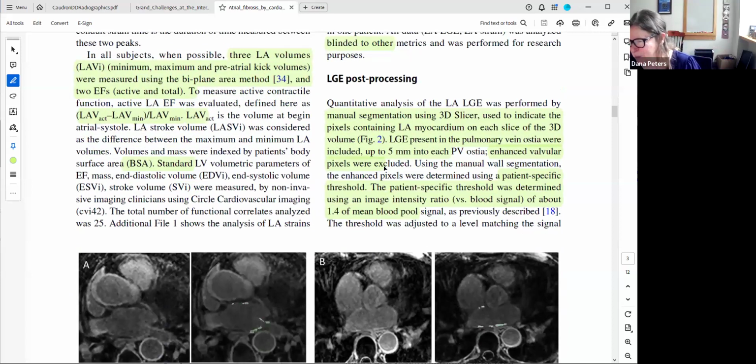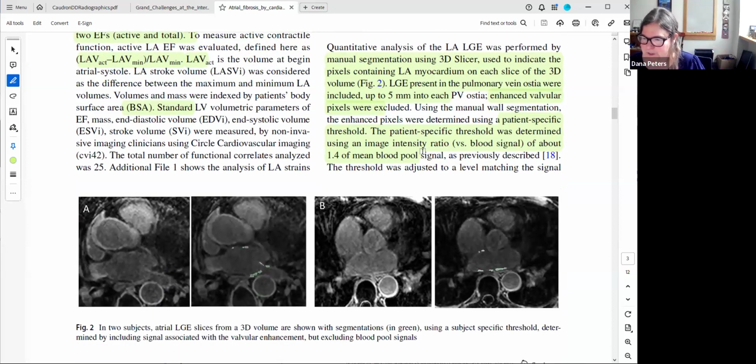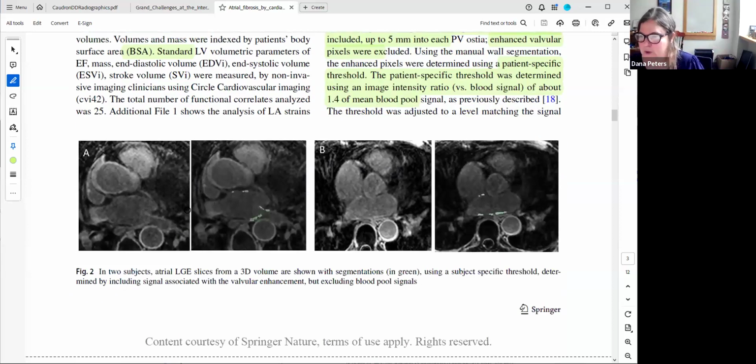The LGE post-processing was performed using manual segmentation of enhanced pixels using a patient-specific threshold. This shows some examples where you can see some slight late gadolinium enhancement in the atria of this patient, and you can see it segmented. And then in this patient, there's also some slight enhancement.